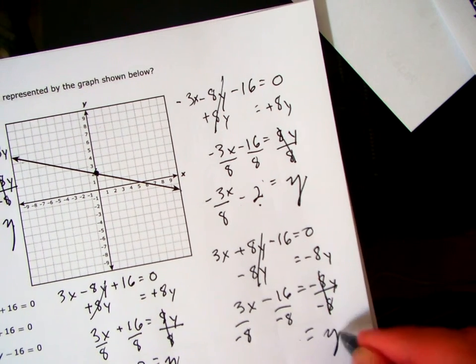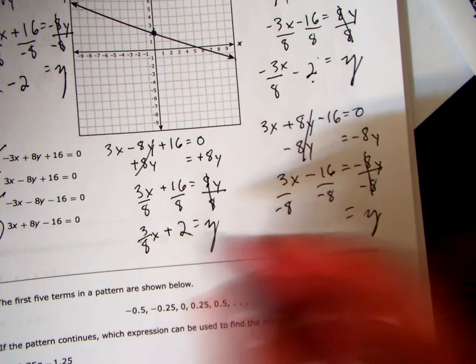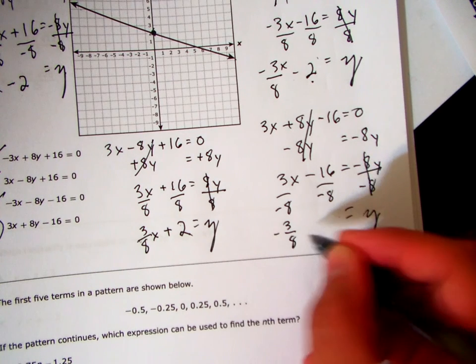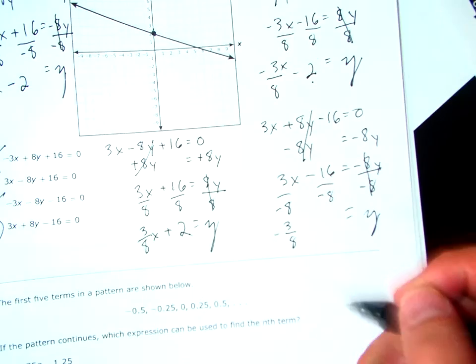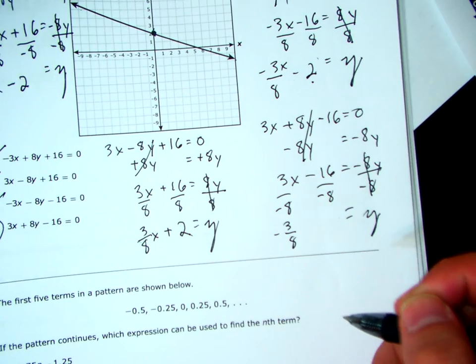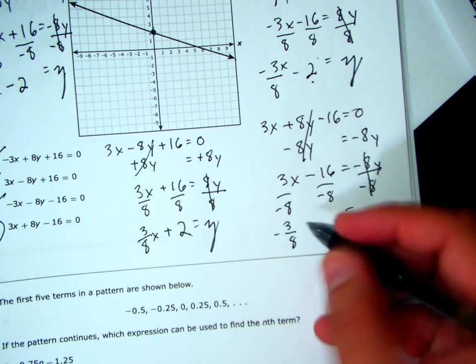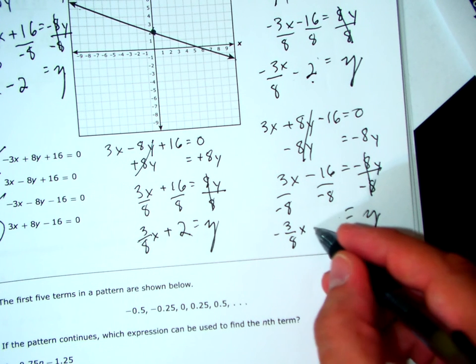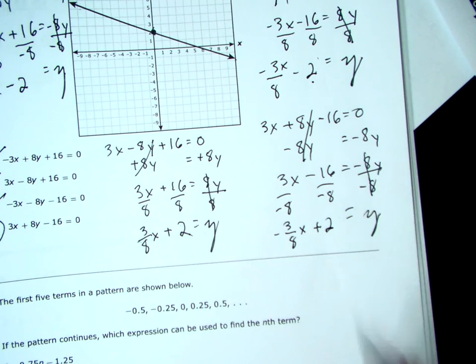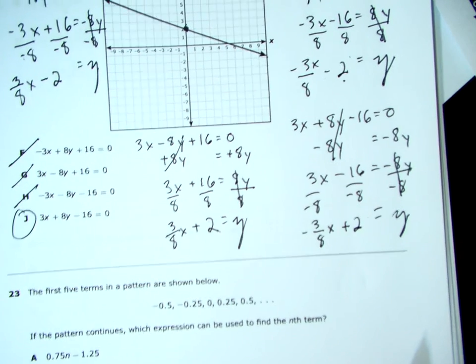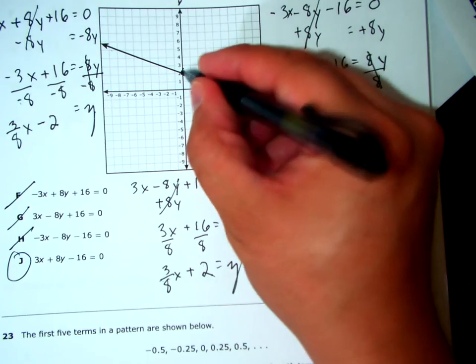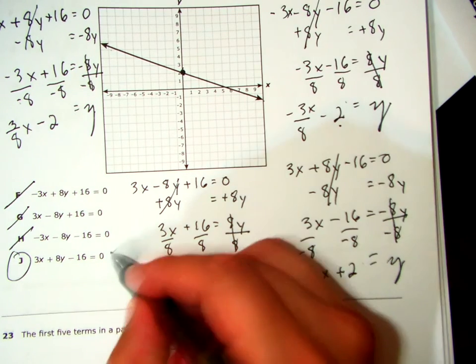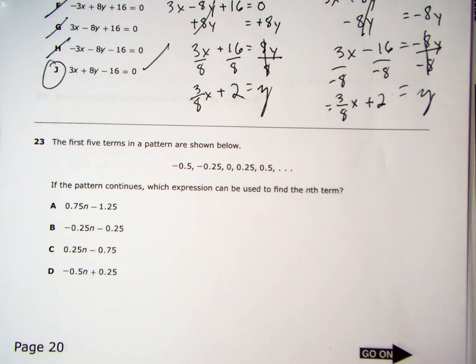Y equals negative 3 over 8 x. Negative 16 divided by negative 8 is what? Positive 2, right? So the y-intercept is 2. It's a negative slope. So then that's good, right? Let me see. Oh, wow. It's 12 minutes.